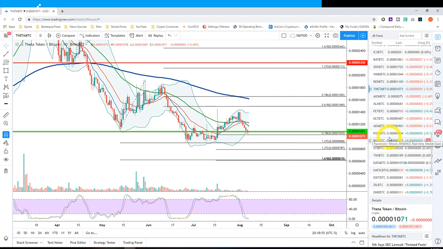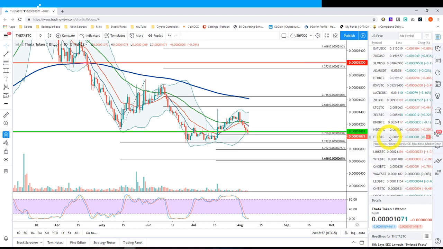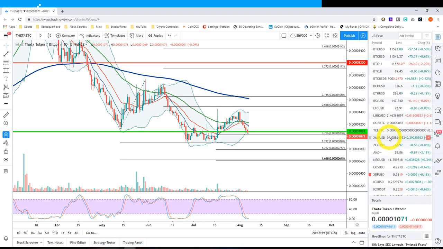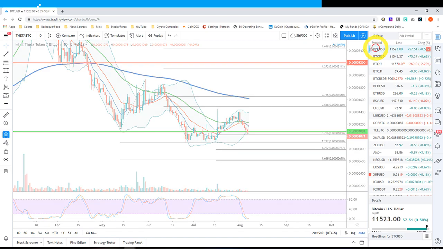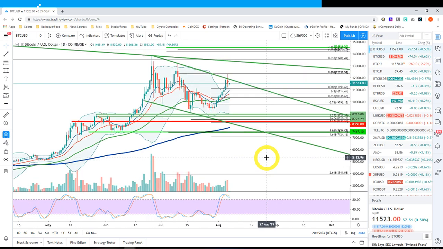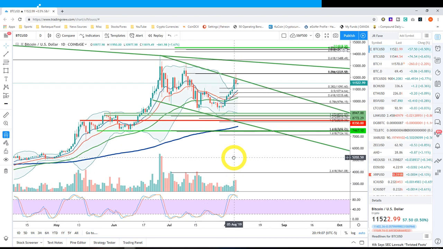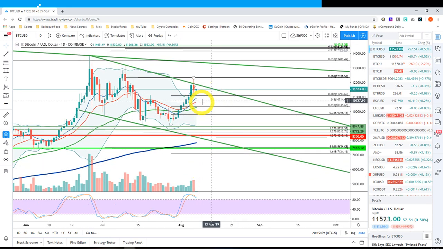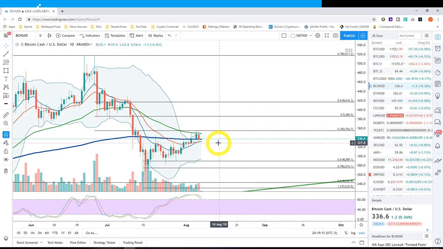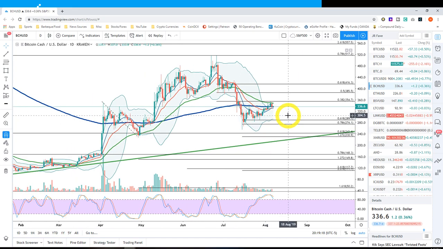All right. What else we got? Anything going on with Bitcoin yet? It's trying to pop a little bit, isn't it? Just kind of meandering around. Somebody asked about BCH, Bitcoin Cash.